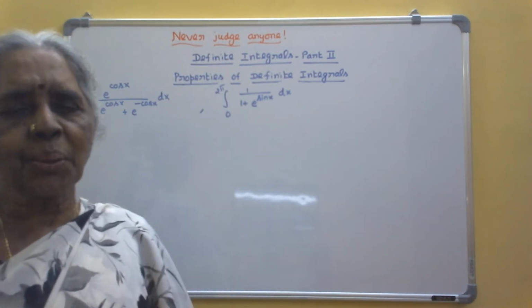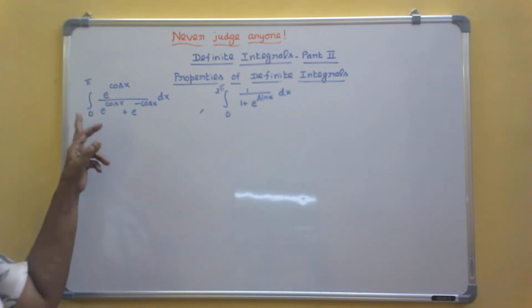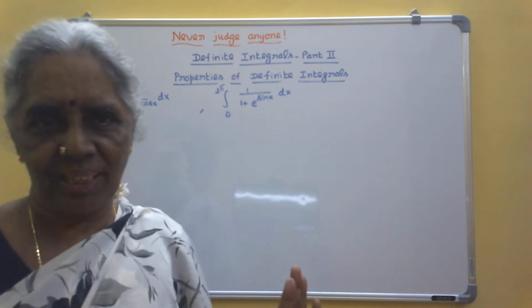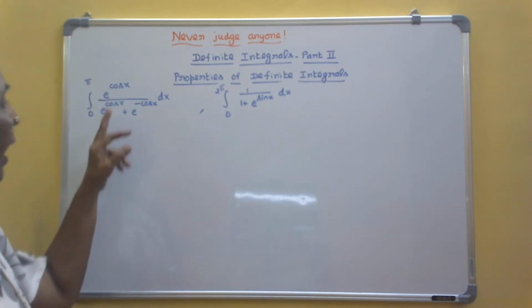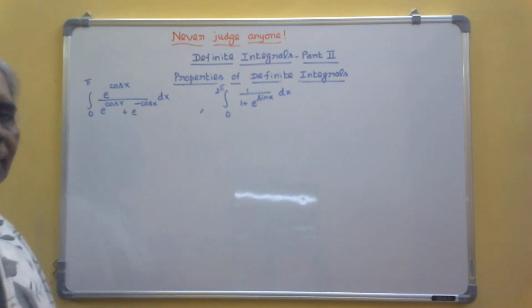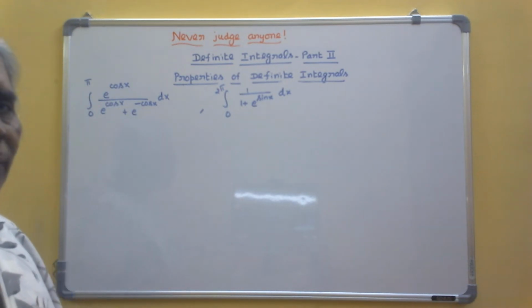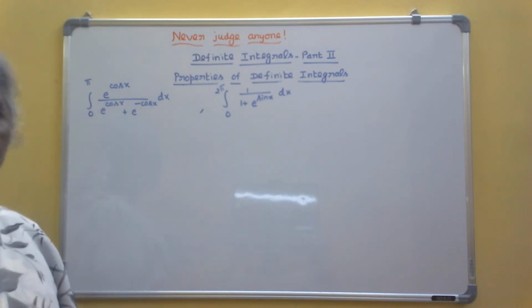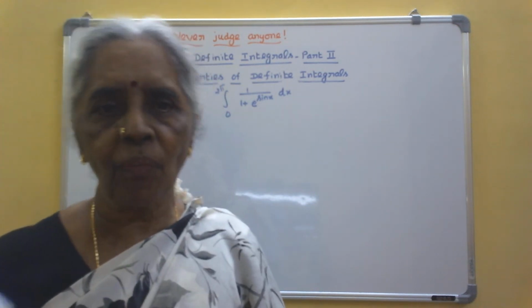Now look at the two sums I have given. Integral 0 to pi. First of all, the pi by 2 thing is not there. Okay. Then I don't have sin x cos x like that. I have e power cos x. In the denominator, I have e power cos x plus e power minus cos x dx. Definitely the answer is not pi by 4 for two reasons.